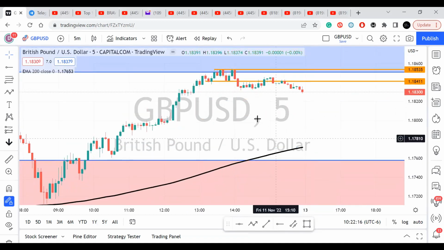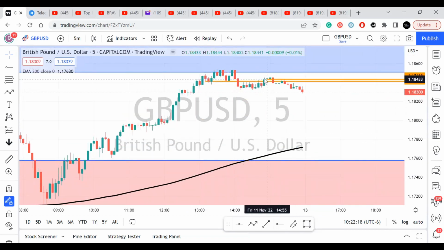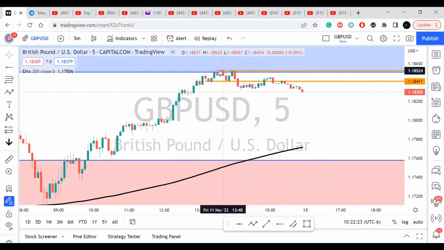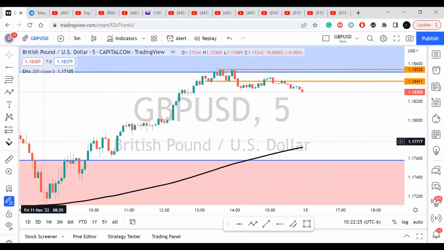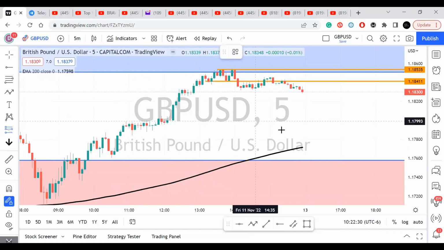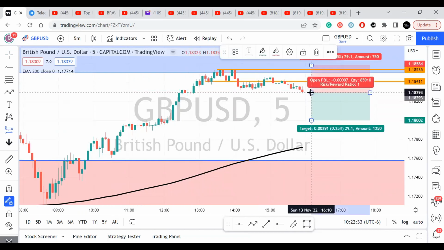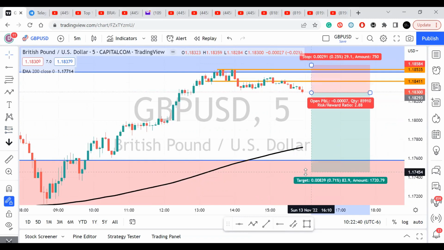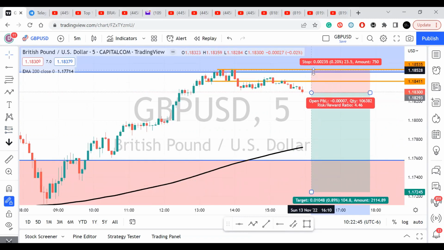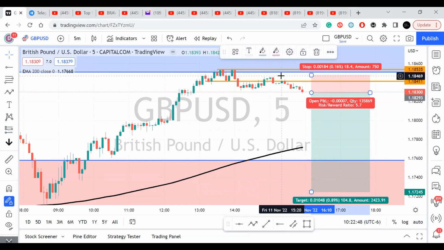So as it stands, this is now our current high. Well, I can temporarily leave this here for now. So my setup for a market open from the Asian session today, being Sunday 13th of November 2022, this is my setup, and my stop loss will be just right on top of this high right here.